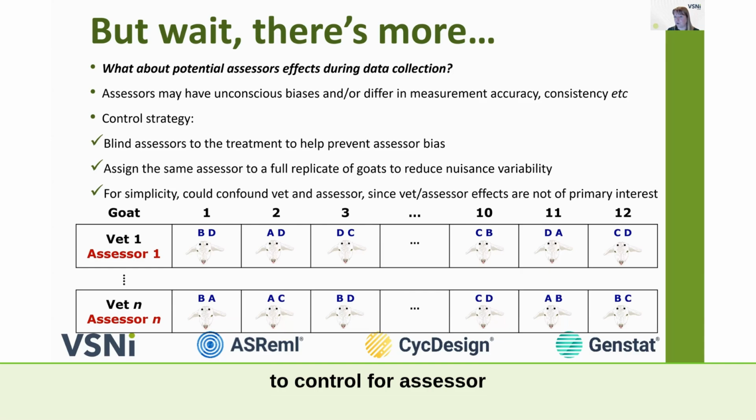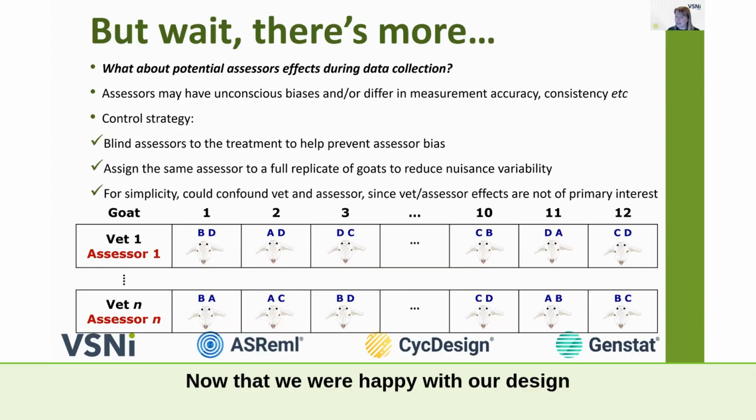And to control for assessor differences, like with the vets, we assigned the same assessor to a full replicate of goats. However, because vet and assessor effects were not really of interest, they were just a nuisance factor, for practical reasons, we decided to confound those vet and assessors. So that is, we paired the vets and assessors and randomly assigned these pairs to the replicates.